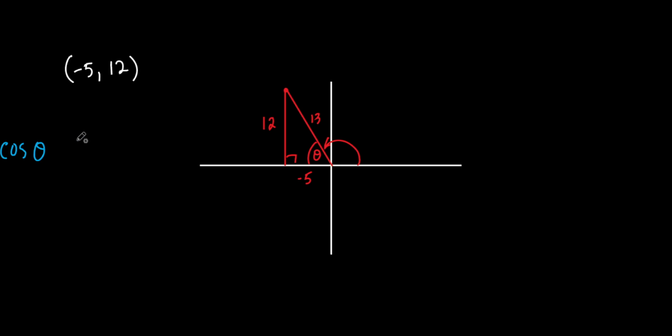So, again, I don't care what the angle is. I'm not trying to find the angle. We will later on, a little bit later on, find exactly what that angle is. But that's not what we're going to do right now. All we're going to do is just find the cosine, sine, and tangent of that angle. So there's the cosine, there's the sine, there's the tangent. Almost wrote cotangent.